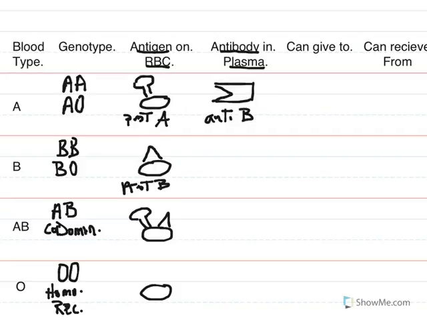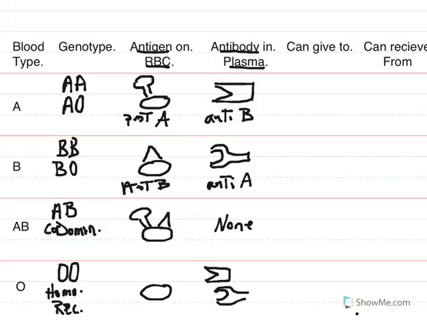If you are type B, you're going to have anti-A, which is going to be specific to shape to fit on that A protein. If you are AB, since you have both proteins, you're not going to have either anti-A nor anti-B. But if you are type O, you don't have either protein, so you are going to have both anti-A and anti-B.